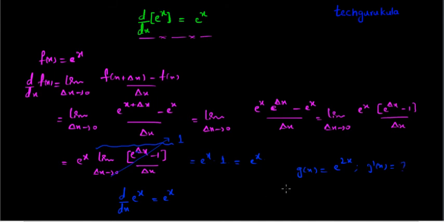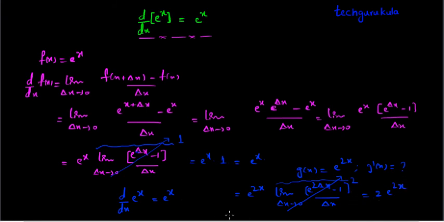If you use the same derivation we did here, the final equation will be e power 2x times limit del x tends to 0, e power 2 del x minus 1, divided by del x. You know what happens to this limit when del x tends to 0? This will be equal to 2. So we can write this expression as 2 times e power 2x.